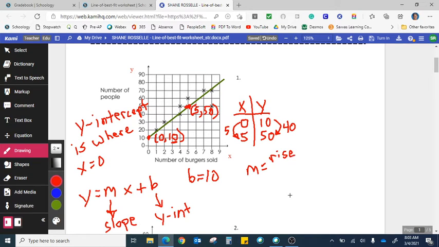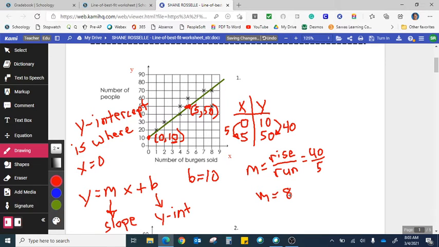Rise is represented by the y coordinates, and run is represented by the x coordinates. So I get 40 over 5, so m equals 8. 40 divided by 5 is 8.